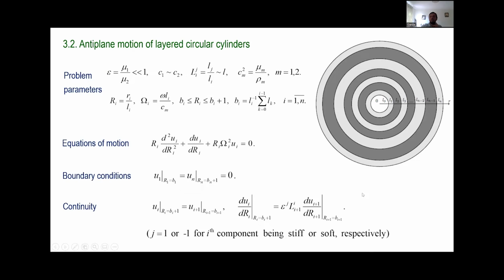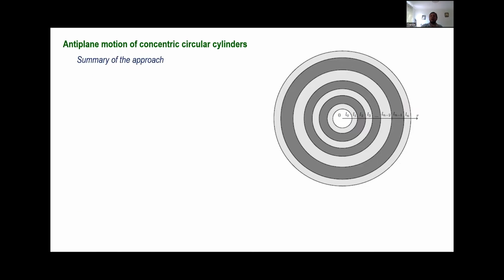So such a type of problem can be considered. I don't think we need to look into all of the details, because we can just summarize the approach, but the algebraic formulas may be found in the paper that I referred to.